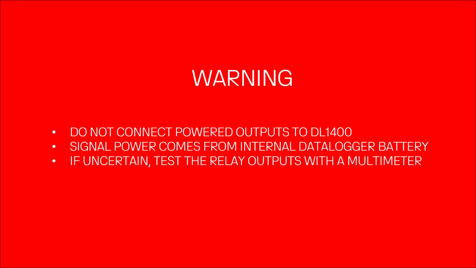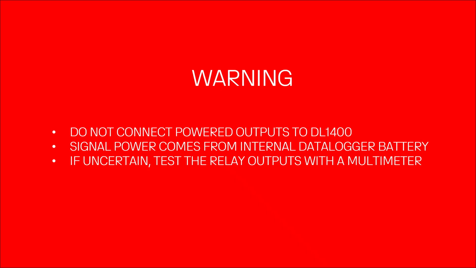If you're uncertain at all regarding your connections to the DL1400 data logger, make sure to test the relay outputs or the outputs from your alarm system with a multimeter, both in the alarm condition state and the non-alarm condition state, the on-off.